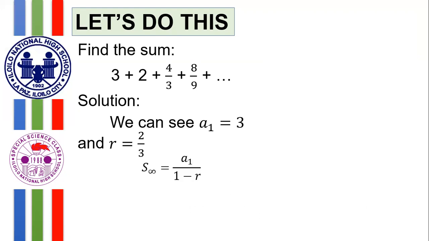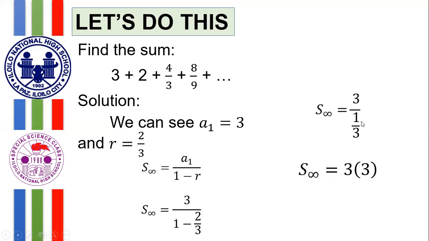Applying this, we have S sub infinity equals 3 all over 1 minus the common ratio, which is 2/3. 1 minus 2/3 is 1/3. And this becomes 3 all over 1/3. If you divide by 1/3, it's the same thing as multiplying the numerator 3 with the reciprocal of 1/3, which is 3.